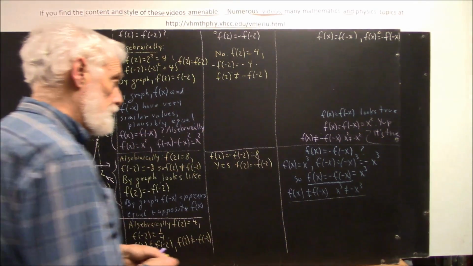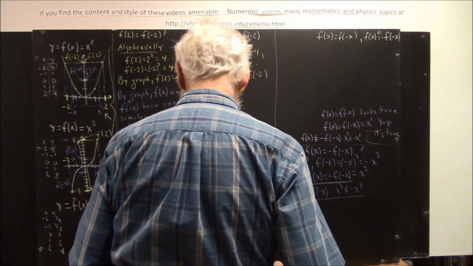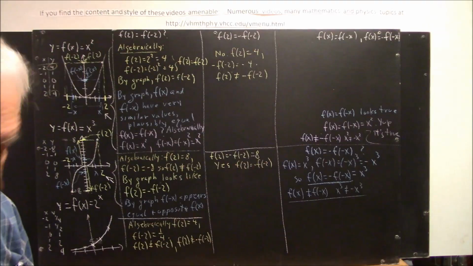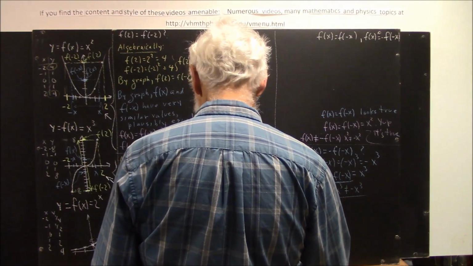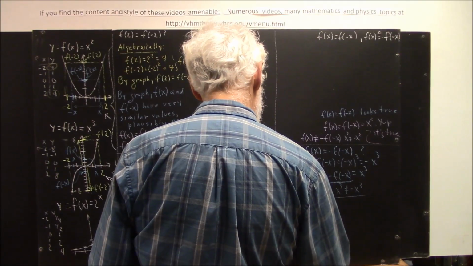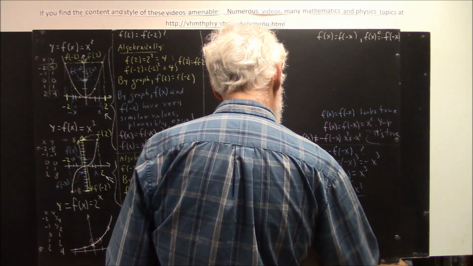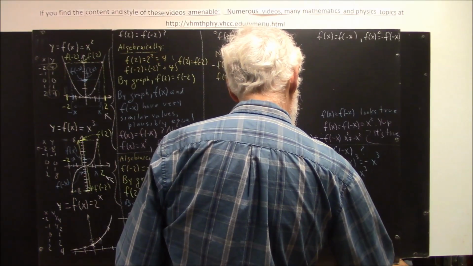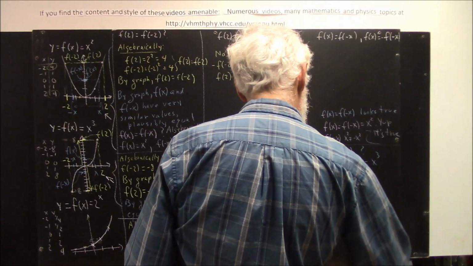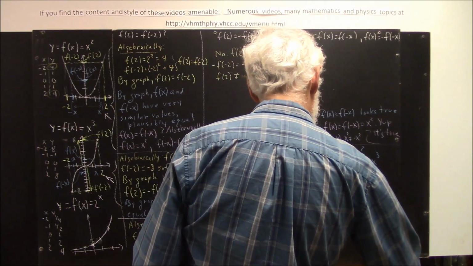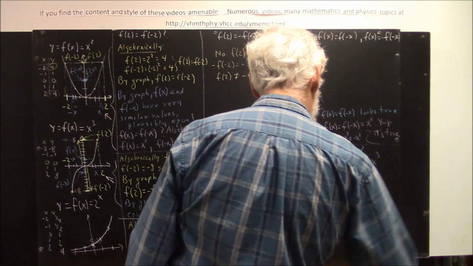So over here I can say that, and I've lost my pretty blue chalk. Where'd it go? Okay. I can say for this function that f of x is not equal to f of negative x since f of 2 is not equal to f of negative 2.